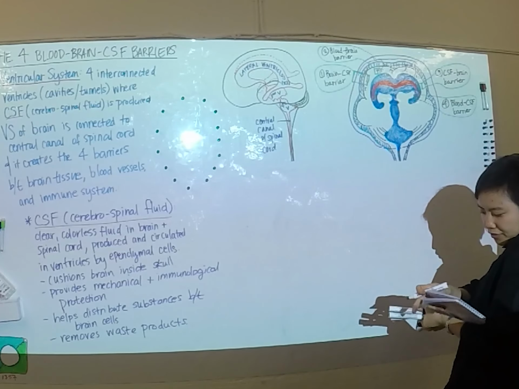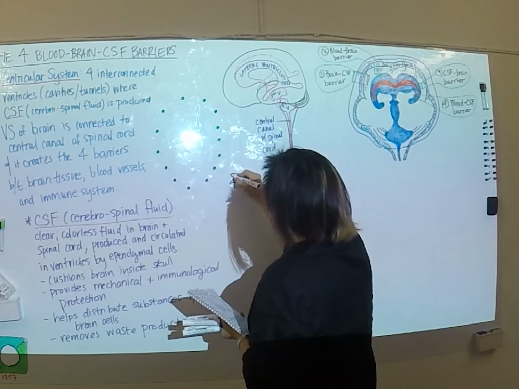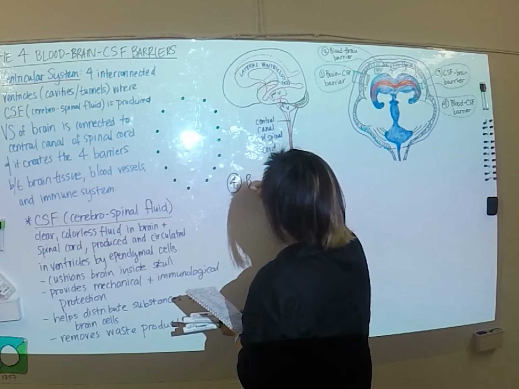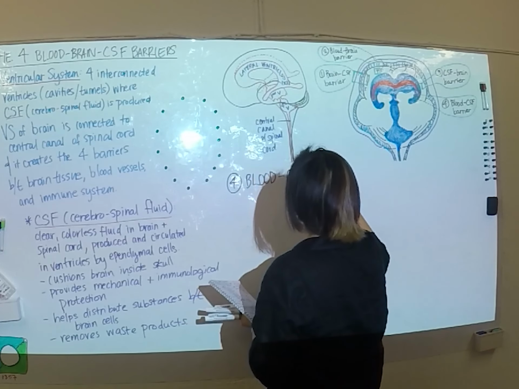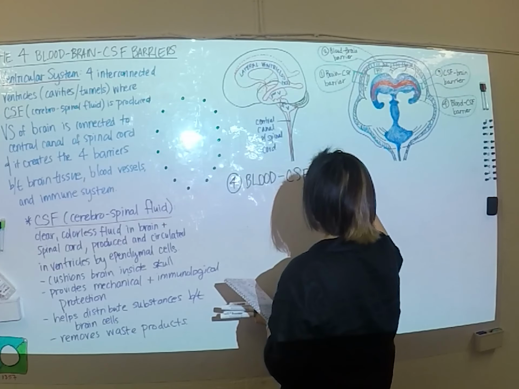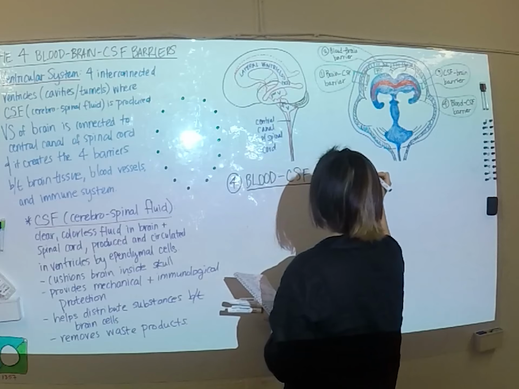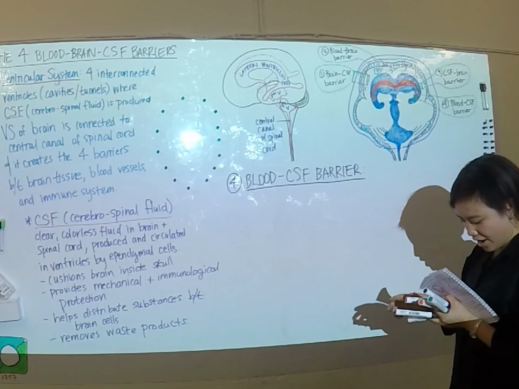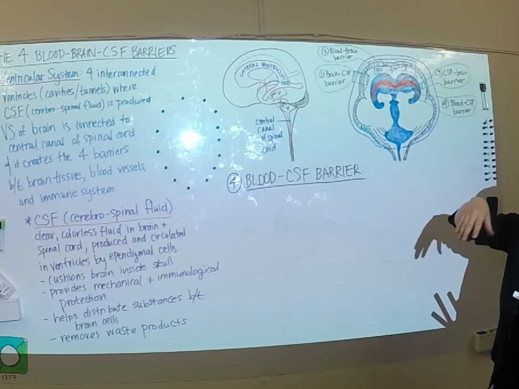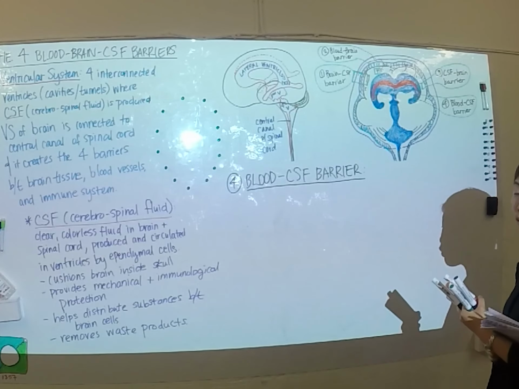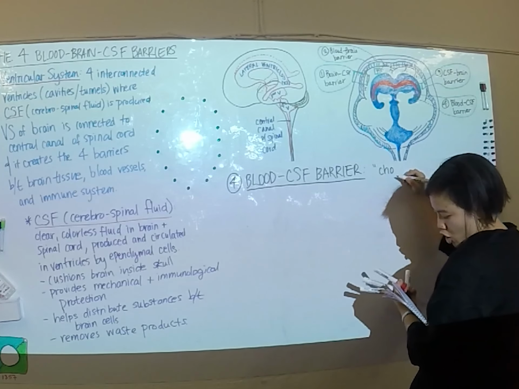All right, the very last barrier is our blood CSF barrier. Okay, now this is found in a very special structure in the brain that is called the choroid plexus.